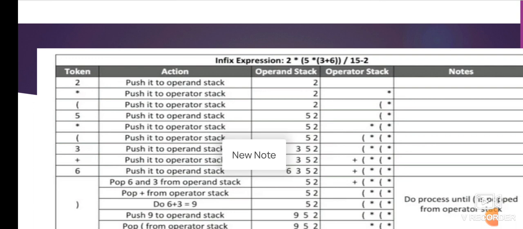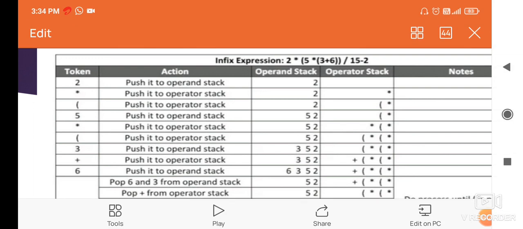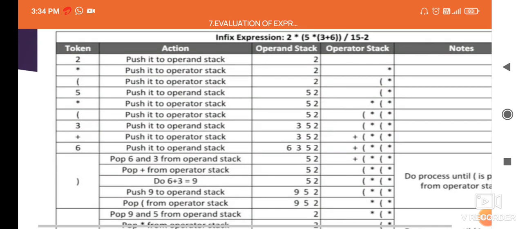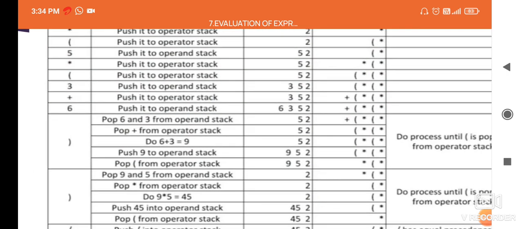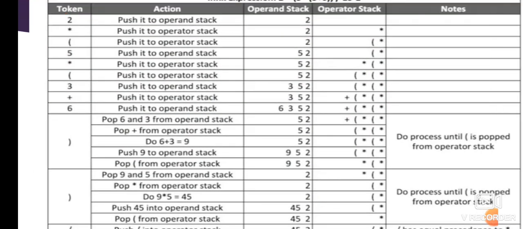Then an open parenthesis, which is also pushed onto the operator stack. The next one is 3. 3 is an operand, so 3 is pushed onto the operand stack. The next one is the plus operator, so it is pushed onto the operator stack.